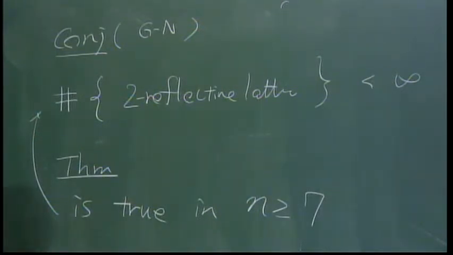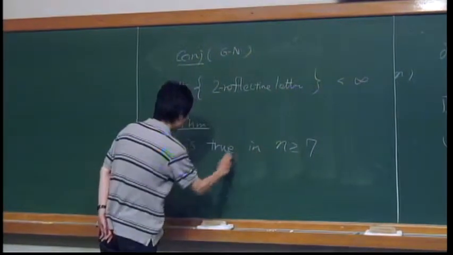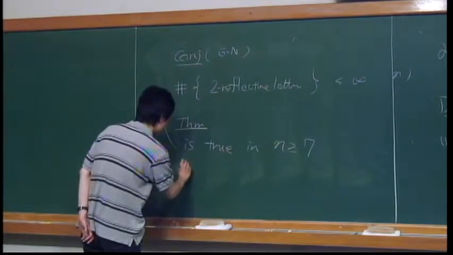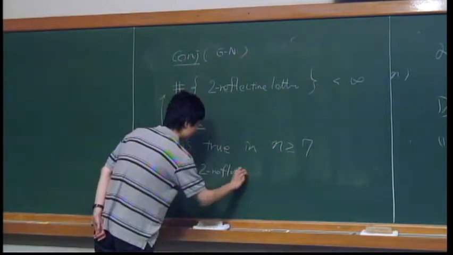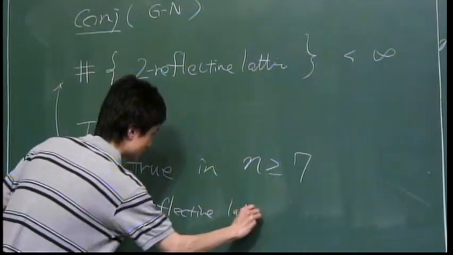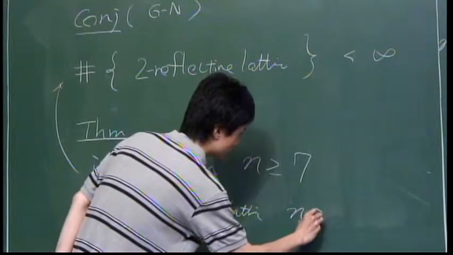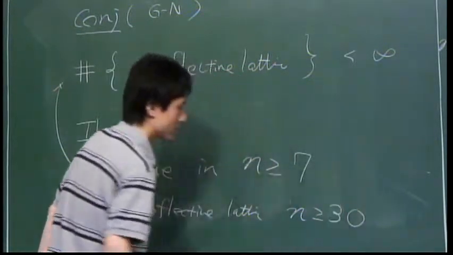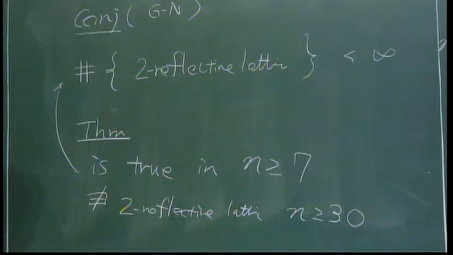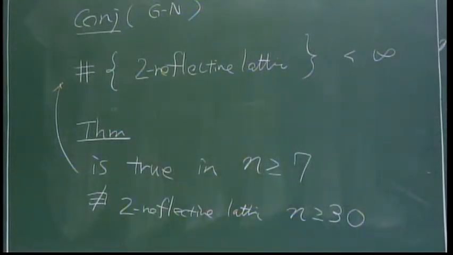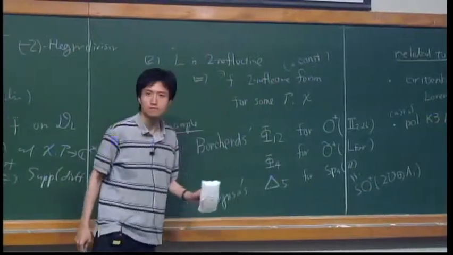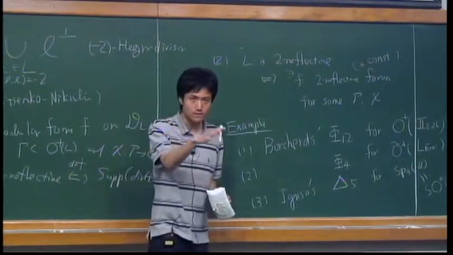And I also gave a concrete bound on n. Namely, there exists no 2-reflective lattice of dimension greater than 30. In dimension 26, we have Borcherds' Φ12. So this bound 30 will be near the best.